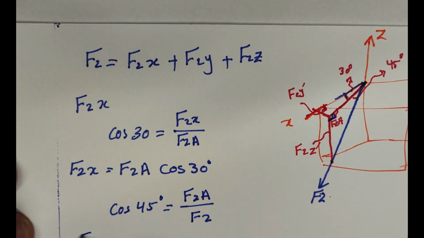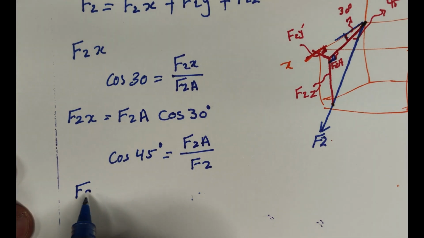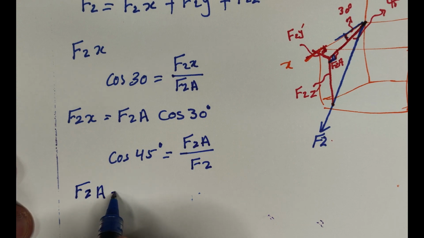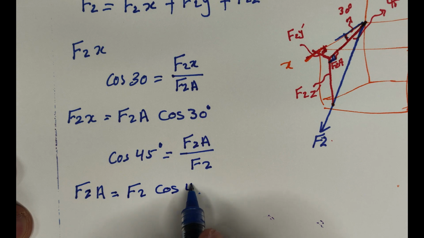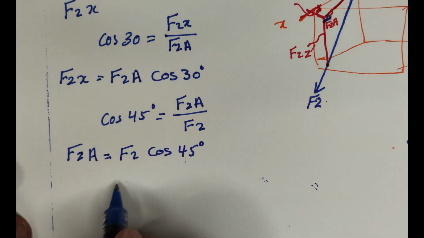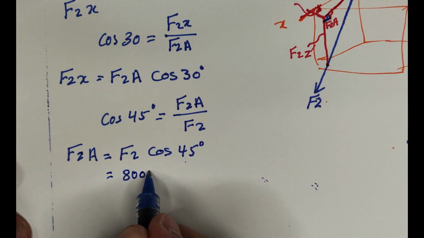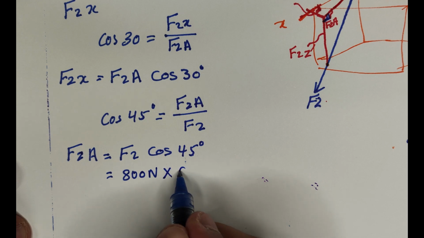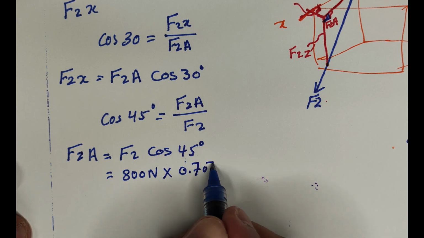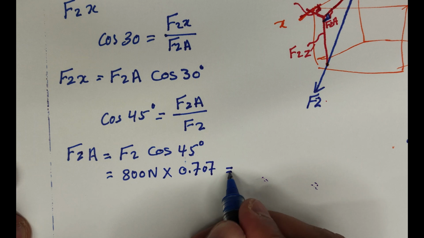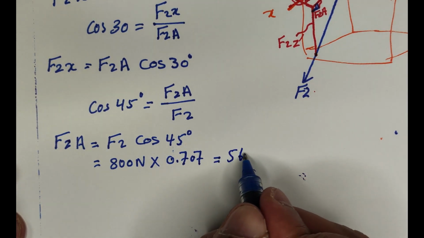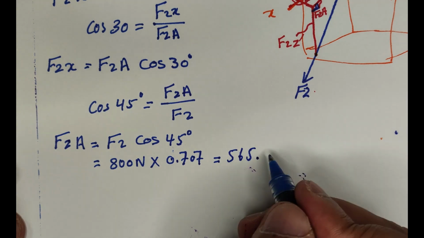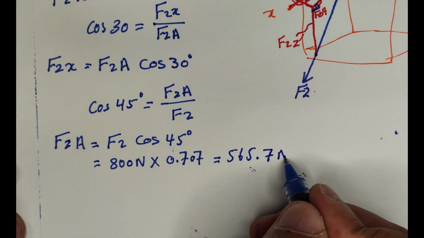Therefore, F2a equals F2 times cos 45. F2 is 800 Newton, cos 45 is 0.707, and that should equal 565.7 Newton.